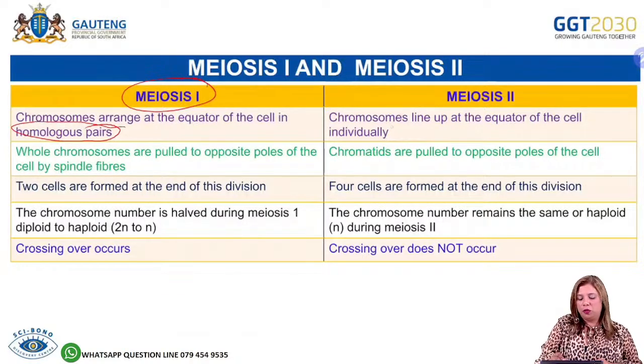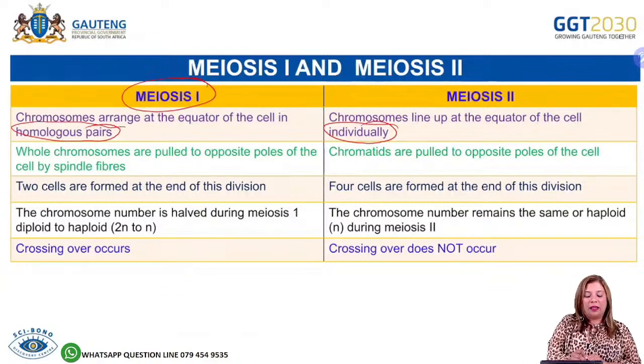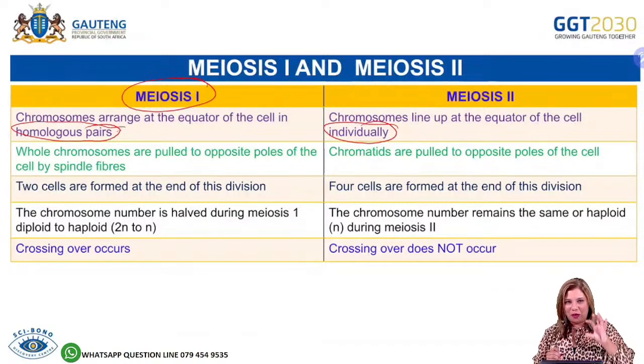And in meiosis 2, chromosomes line up at the equator individually. Do you see what they're doing here? They're comparing metaphase 1 and metaphase 2. Because in metaphase 1, they arrange themselves in homologous pairs. That means there's groups of the chromosomes. Here, the chromosomes arrange themselves individually.